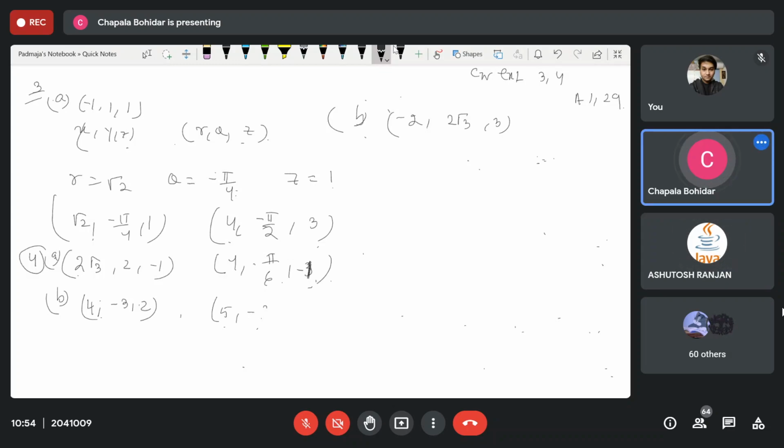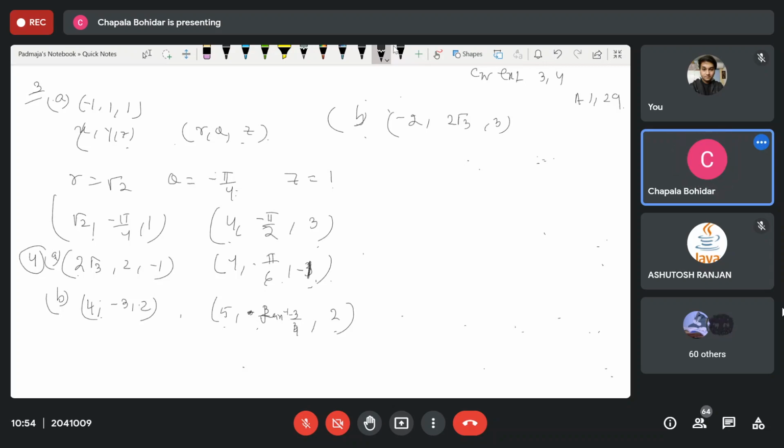Minus 3 by 4. Tan inverse minus 3 by 4, comma 2. You can write it down like this. Then it is 2. Now the other two you do yourself.